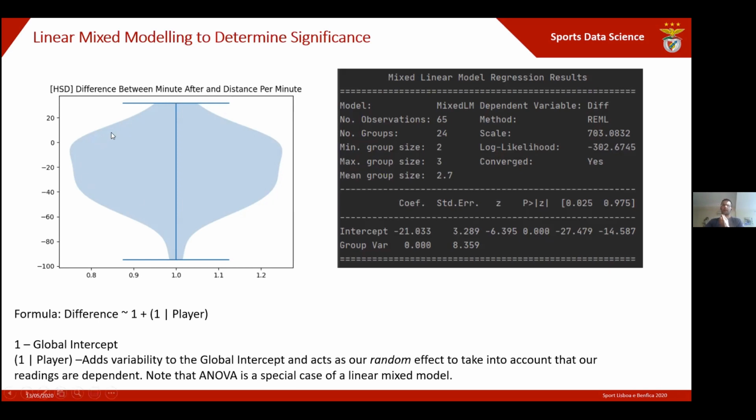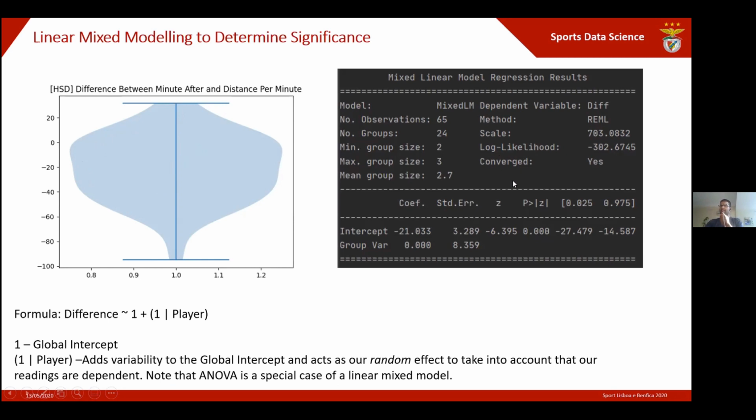What you see on the graph to the left is a violin plot of the difference between what they covered a minute after their sequence of peak intensity and their match average distance per minute. You can visually see that they definitely are producing less than their match average.